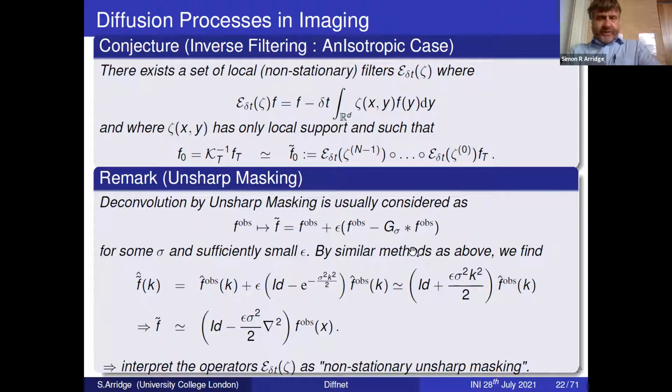And following that through in the Fourier domain, we would say that the unsharp masking is achieved by subtracting the Laplacian of an image. And sometimes that's done by analog methods as a simple way of sharpening the image. So what we're potentially doing is replacing the stationary filter by a non-stationary filter as a kind of unsharp masking, and then concatenating these filters to provide the inverse over the whole diffusion scheme.